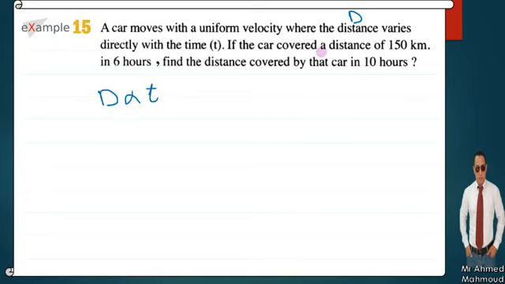If the car covered distance d1 equals 150 in 6 hours, t1 equals 6 hours, find the distance covered, d2, in 10 hours.